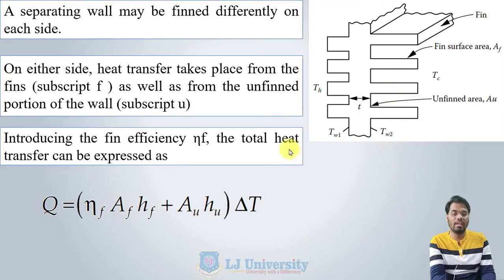So for the unfinned area it would be AU HU. For the area where the fin is attached, it would be HF AF multiplied by the efficiency of the fin. This is the efficiency of the fin, which we have to multiply with AF HF, and this is the delta T, the temperature difference.